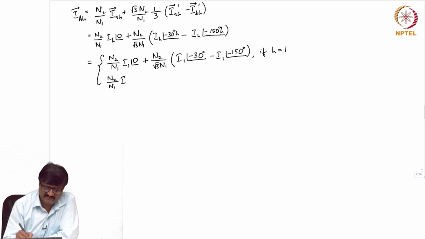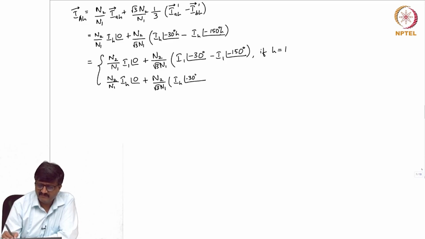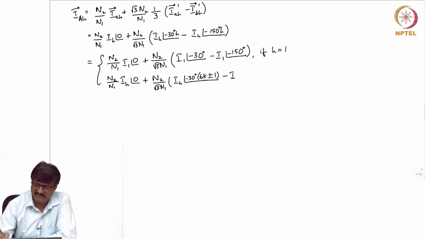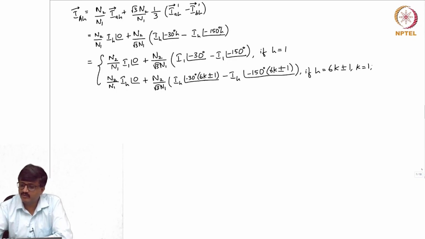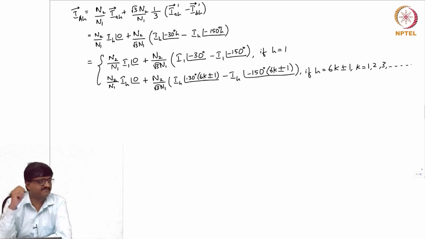So I will still write IH as IH itself, but when it comes to the second term N2 by root 3 N1 IH, I substitute here H by 6k plus minus 1, minus IH at minus 150 degrees into 6k plus minus 1. So this is the expression applicable if H is equal to 6k plus or minus 1 and k is equal to 1, 2, 3 and so on up to infinity.